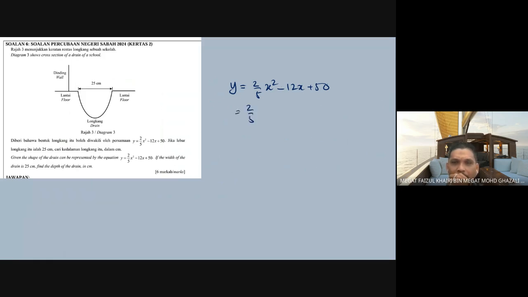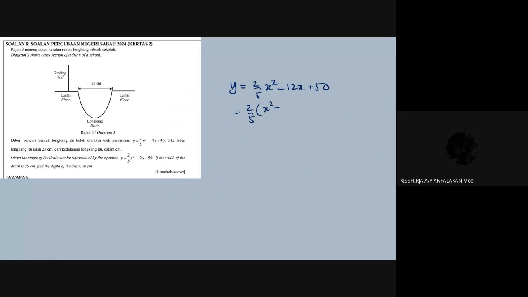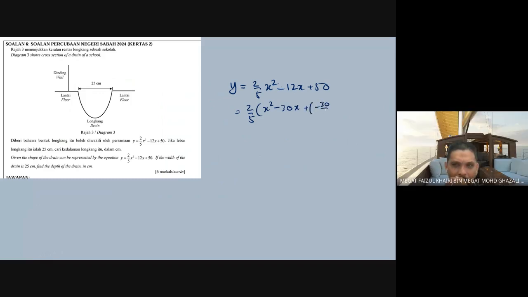2 over 5 x squared minus 30x. How will we factorize this? We have negative 30x and 50, and also 2 over 5. Do you have any idea? Given here, 2 over 5 taken outside, x squared minus 30 divided by 2 over 5, which is 75x, plus negative 30 over 2 squared, minus negative 30 over 2 squared, plus 50.